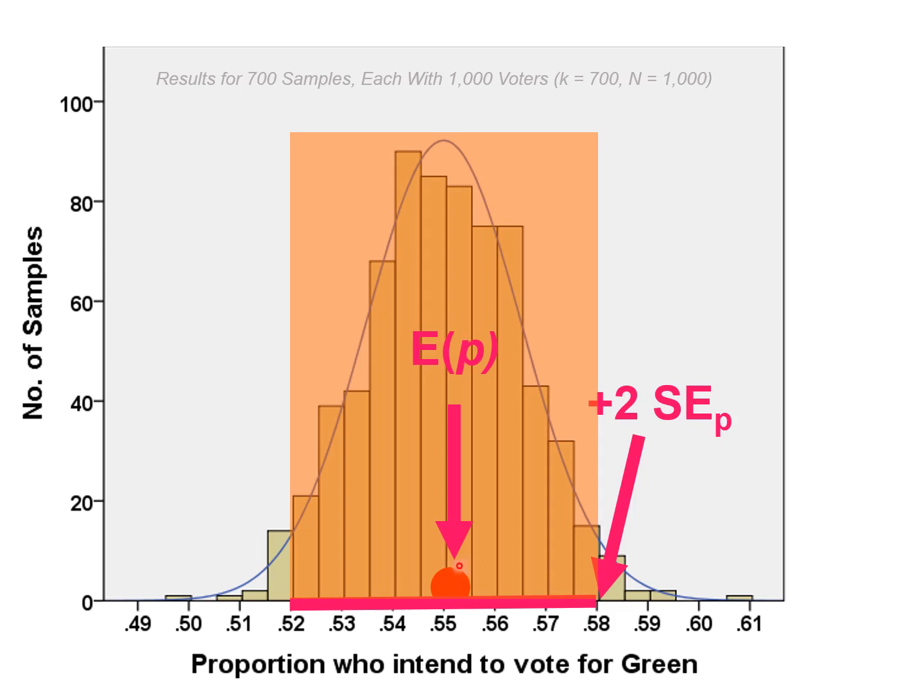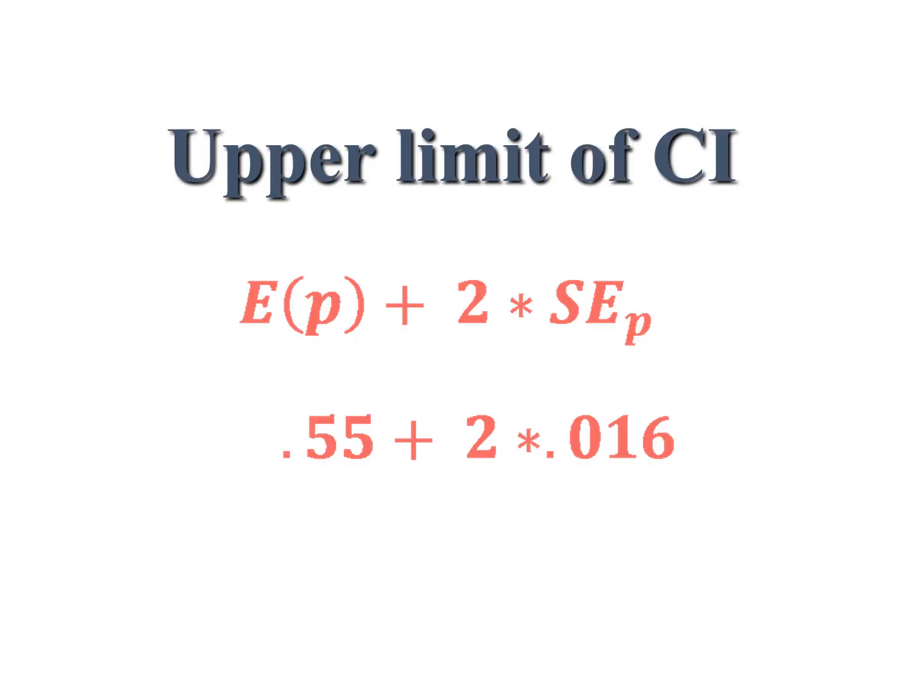So you take the expected value of p, and you're finding the value 2 standard errors above the expected value of p. So we plug in our values, 0.55 and 0.016, and we end up with an upper limit of 0.582.